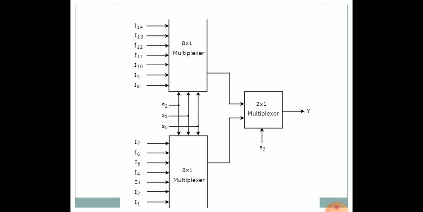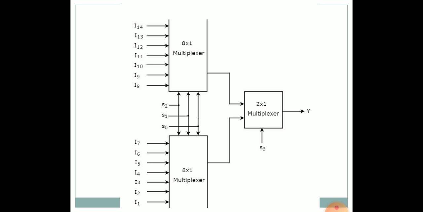You know how did we get these 3 selection lines? For an 8 cross 1 multiplexer, n equal to 8. We take the value of n as 8. 8 could be written as 2 raised to 3.